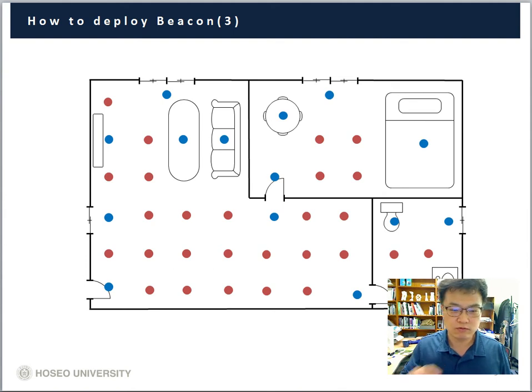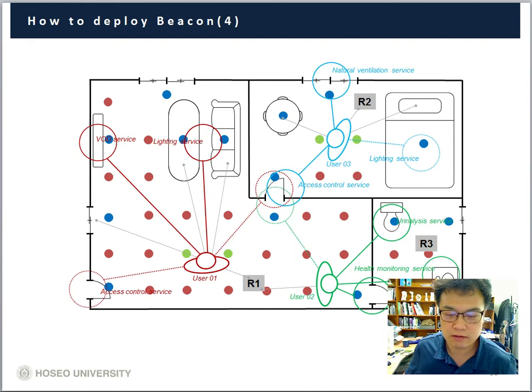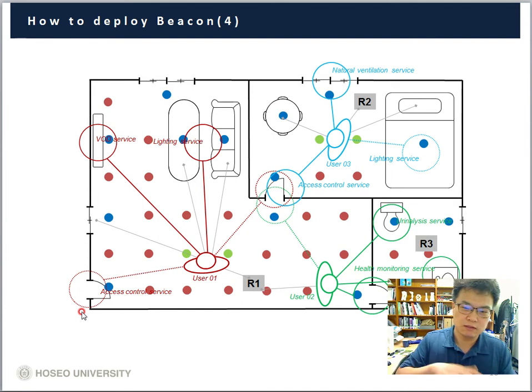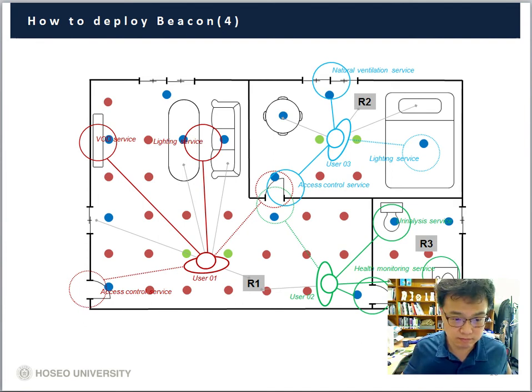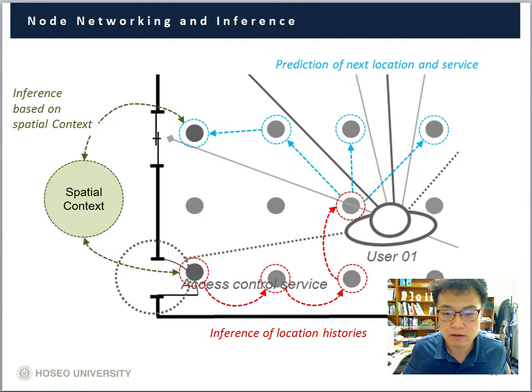That's why we have two kinds of beacons deployed like here, and then we mapped some special information and the beacon locations.